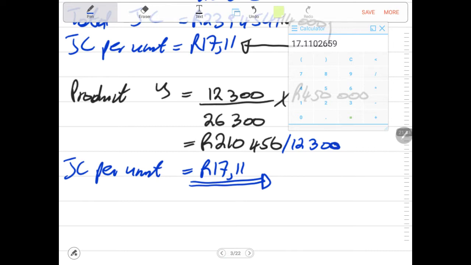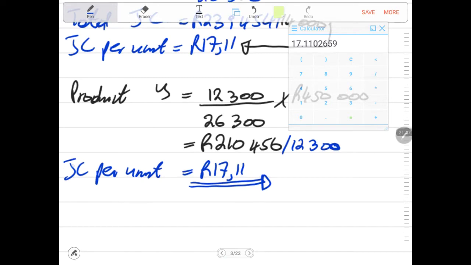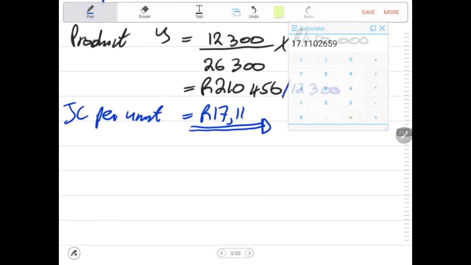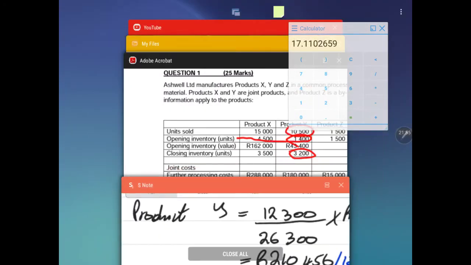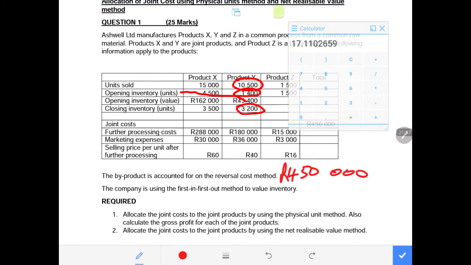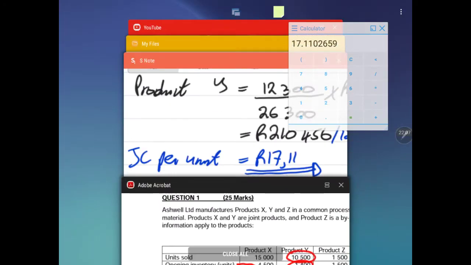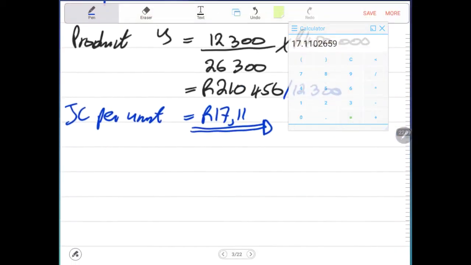Now we go to the next part that I also want to explain, where now we have our requirement, which is to calculate our joint cost using the physical method. So we have responded to that. Then now what we need to do is to calculate our gross profit.